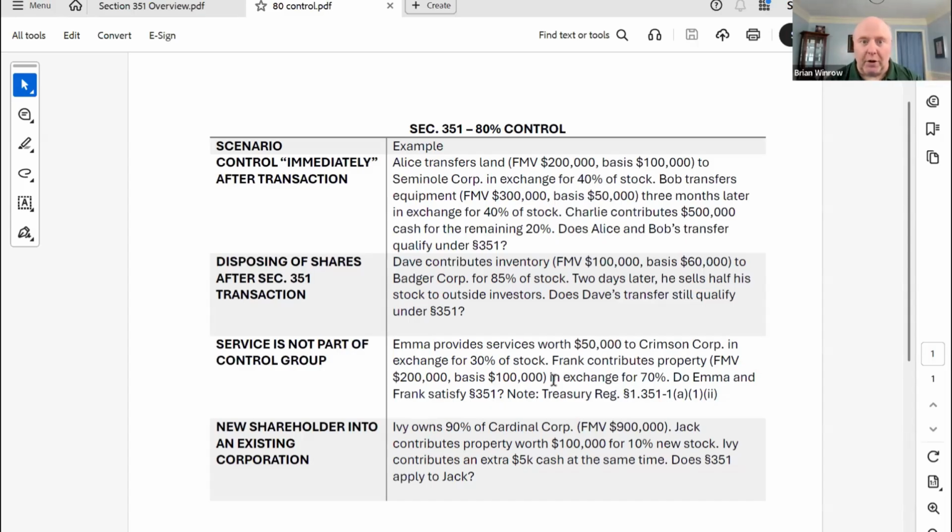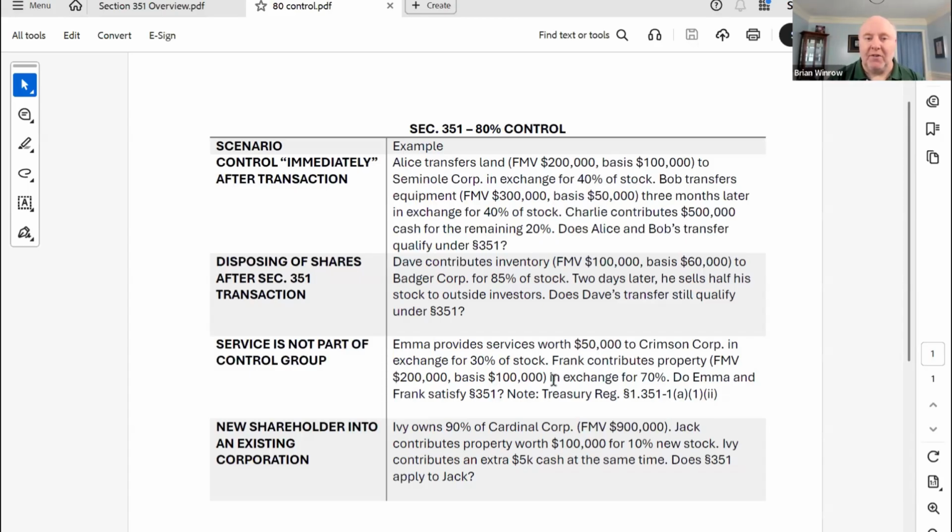If you want to help your client avoid this, here's what you're going to want to do. You're going to say, hey, Emma, you need to put in some property in addition to your services. There is a safe harbor amount that you can put in that will allow Emma's 30% to be added into Frank's 70%.